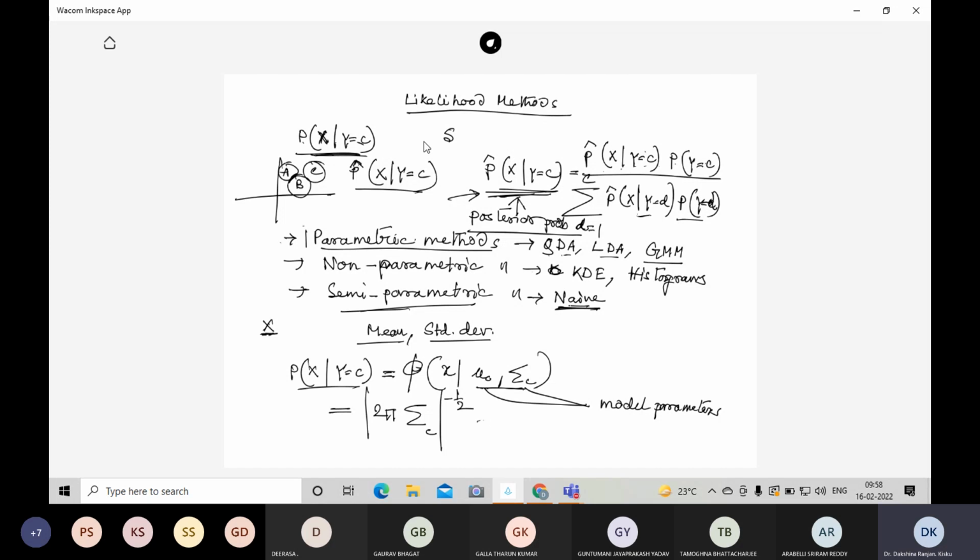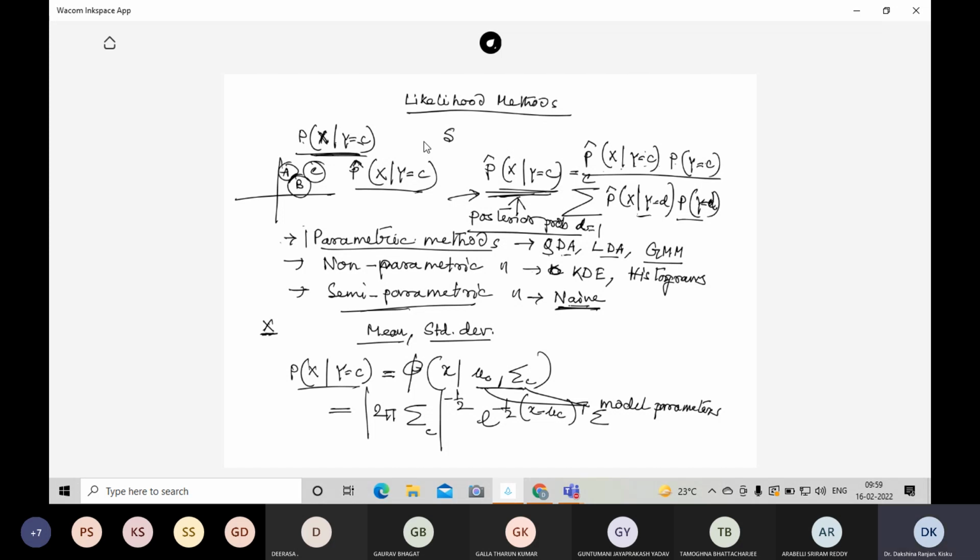This will be multiplied with e to the power half x minus mu c transpose.